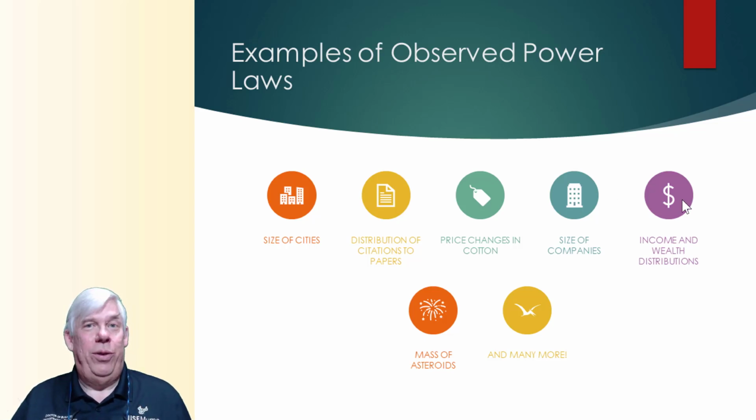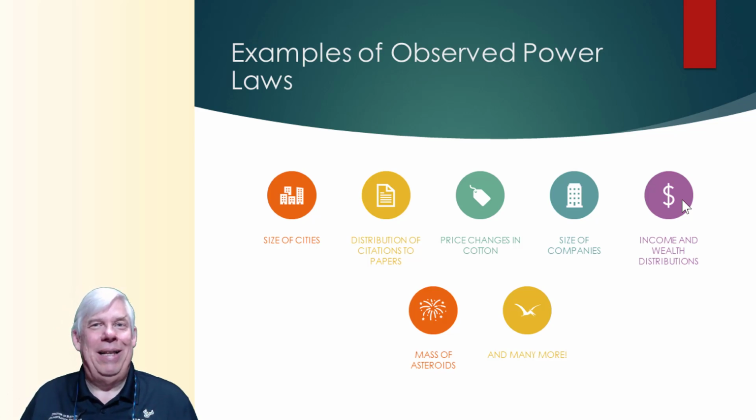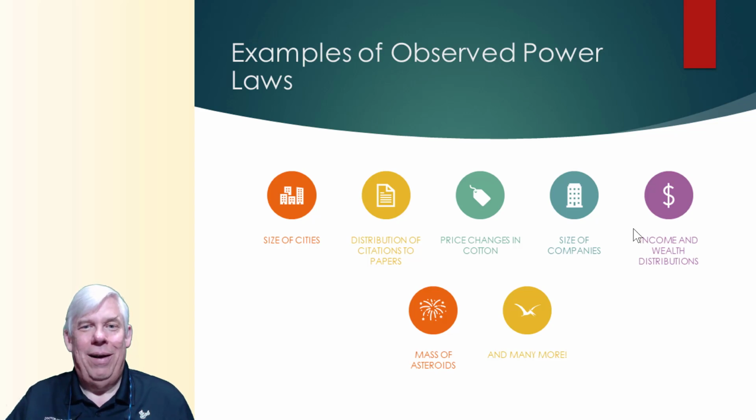Income and wealth tend to be distributed according to power laws, which produces huge inequalities as a consequence of the fact that these power law distributions have very long tails. Asteroids have a distribution of size according to power laws, which means that there are some really big ones. And there are many, many more examples of this.